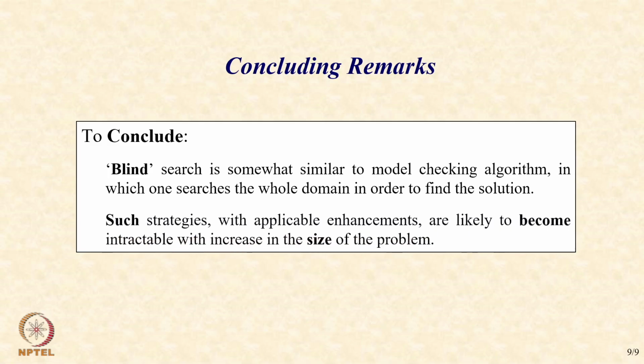And you need to realize that such strategies, with applicable enhancements, are likely to become intractable with increase in size of the problem. What it means is that even if you choose any one of those options like uniform cost or iterative deepening of depth, or if you look at the bidirectional, at some point they will become intractable, which means the solution exists, but you can't find it.